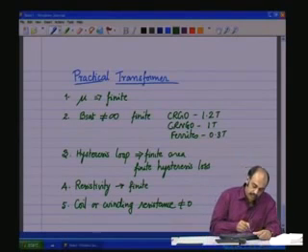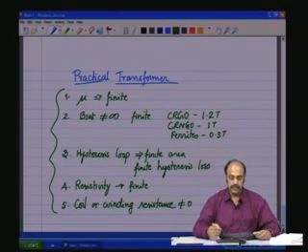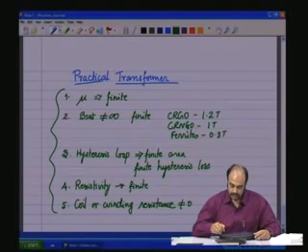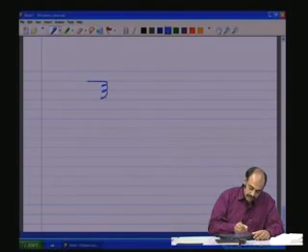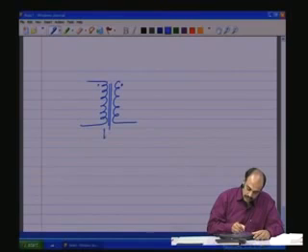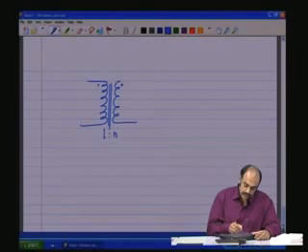Now, how do we represent a practical transformer electrically? Because an ideal transformer we know has a symbol like that, with a turns ratio. This is an ideal transformer.